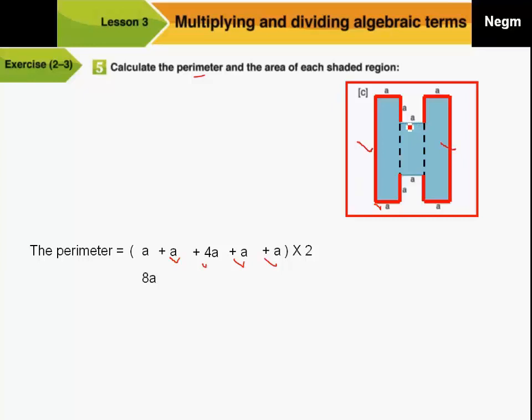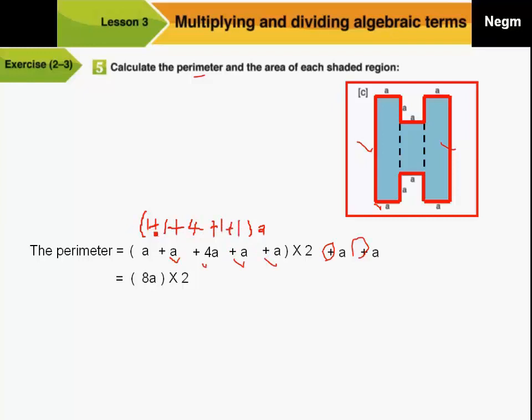We have also 2 lines which are this and this. So we have to add a plus a. Here we have summation of this multiplication plus a plus a. In this case, if we take a outside the two brackets, we will have a times 1 plus 1 plus 4 plus 1 plus 1.